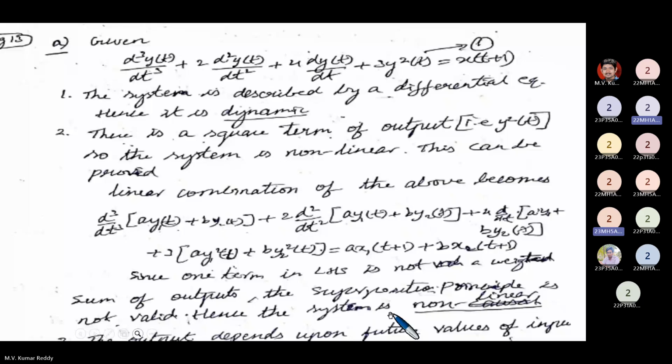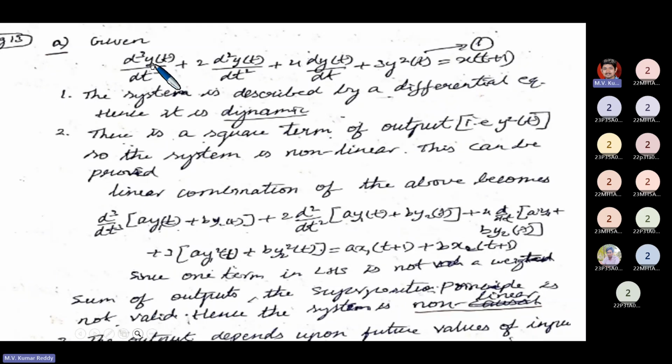Sir, repeat once. How did the equation come, sir? Okay, first take this equation. Now take this equation. This is equation 1. Put y1 for y and x1 for x. Next, take the same equation again.